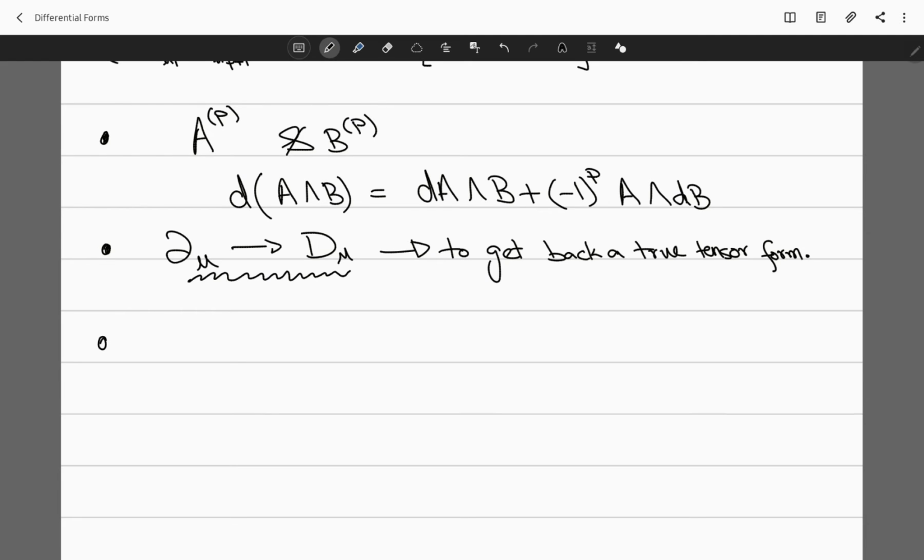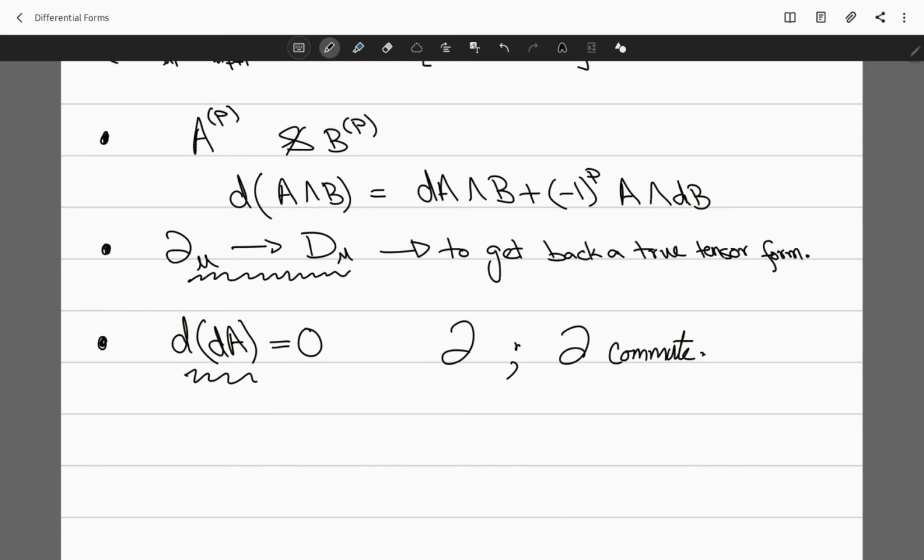Now, the third property is that it squares to 0. So if you were to do this thing, ddA, that would simply give you 0. It vanishes. Since we would have to anti-symmetrize the indices of the partial derivatives, but we already know that partial derivatives commute.